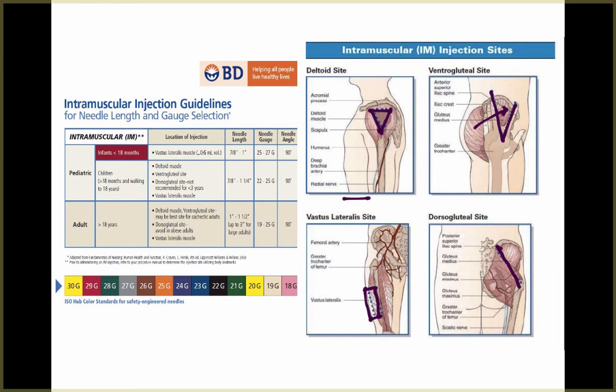In other words, this is when you get a shot in the butt. This one is when they give you shots in the leg. This one is a shot in the hip. And this one is a shot in the arm.